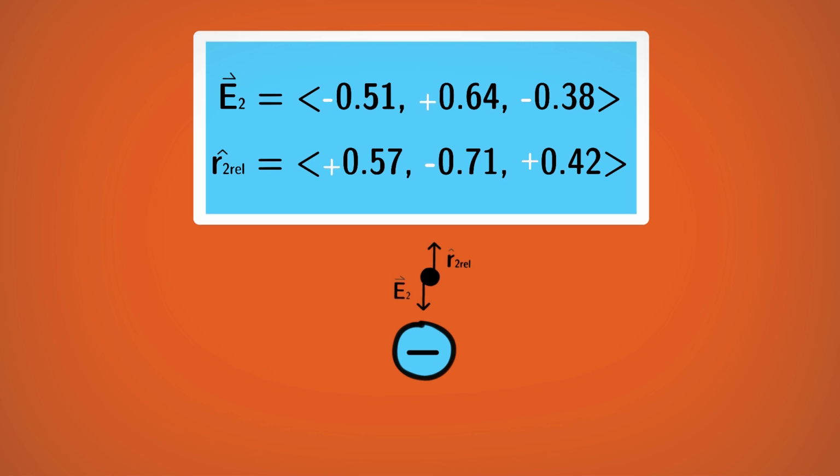That is, in this case, opposite to the direction of R sub 2 rel hat. That's what we have, so that's good too. Now these kinds of quick checks don't guarantee that our answers are correct, but at least we can test to see if our answers are obviously wrong, so that's helpful.